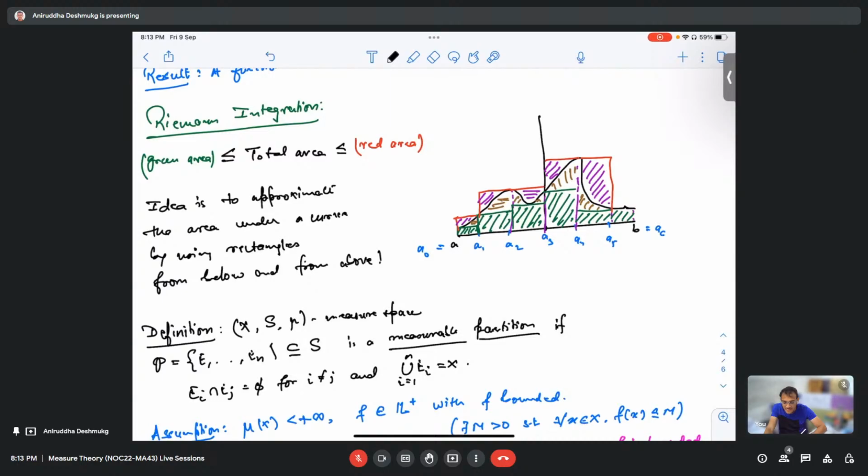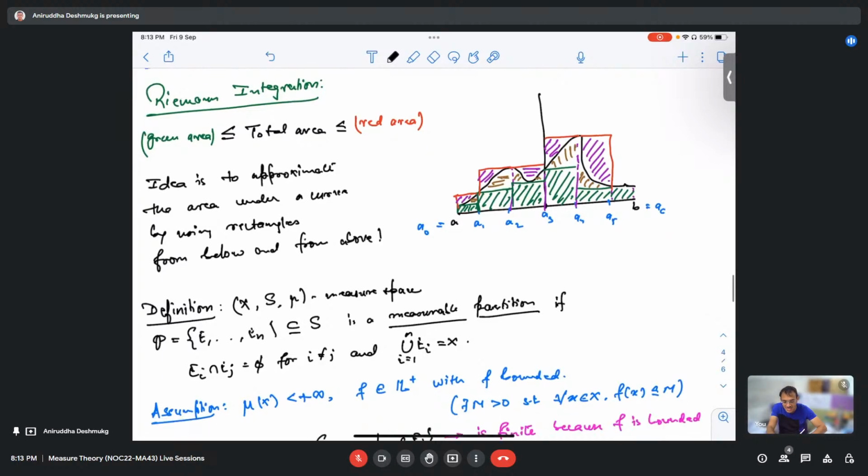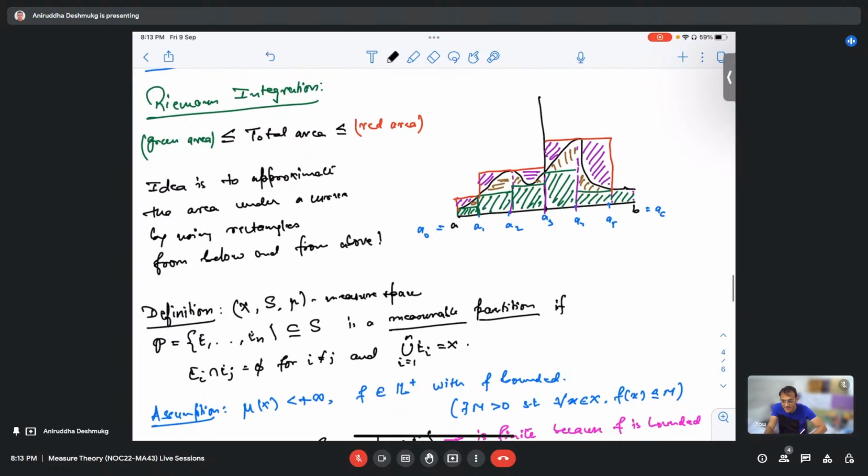The way we have defined the integration of a measurable function is just the extension of the Riemann integration. So it is a natural way to define it. That is what I want to say.